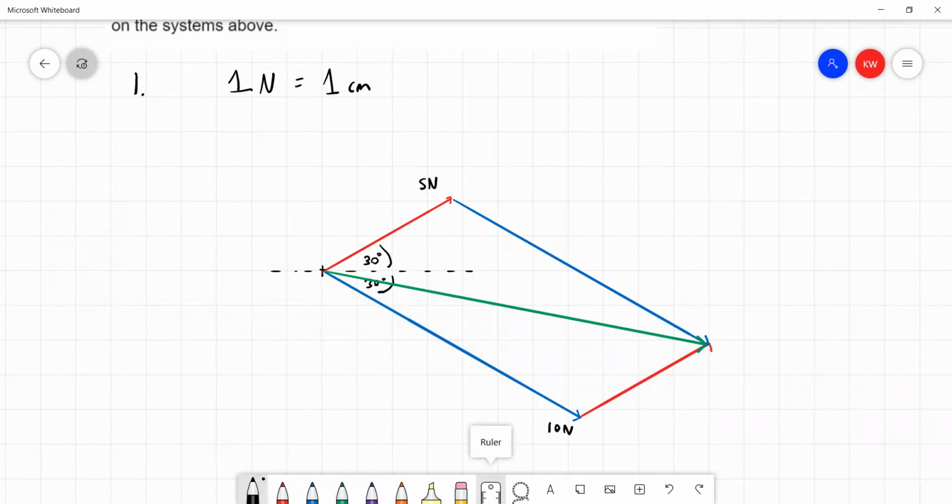So our resultant, I'll say this here. And of course, 1 centimeter equals 1 Newton. So that means our resultant force is 13.2 Newtons.